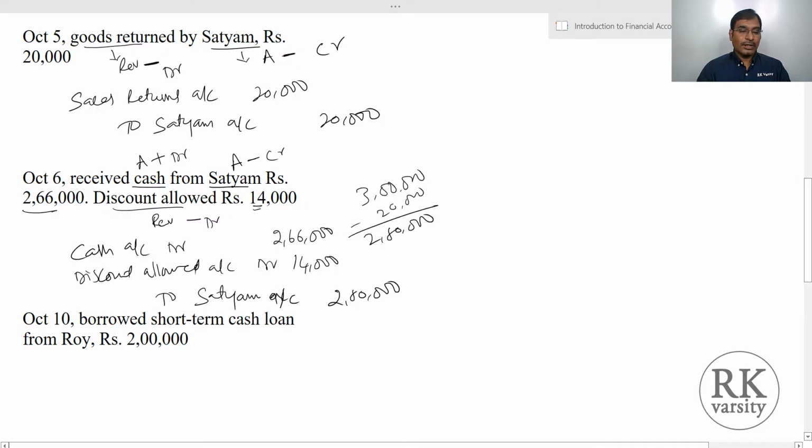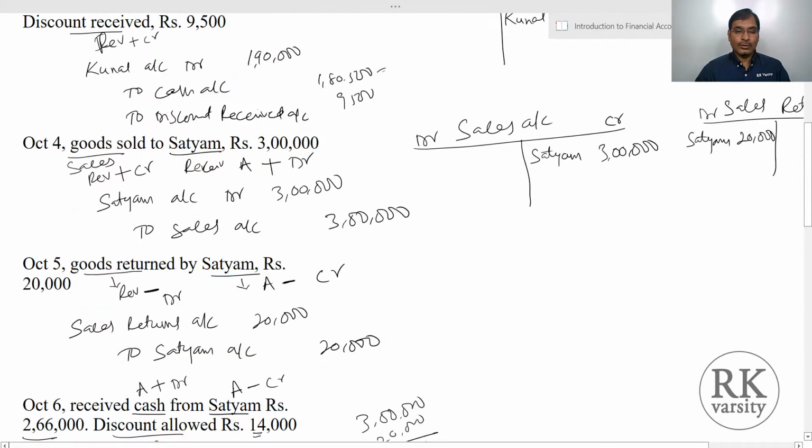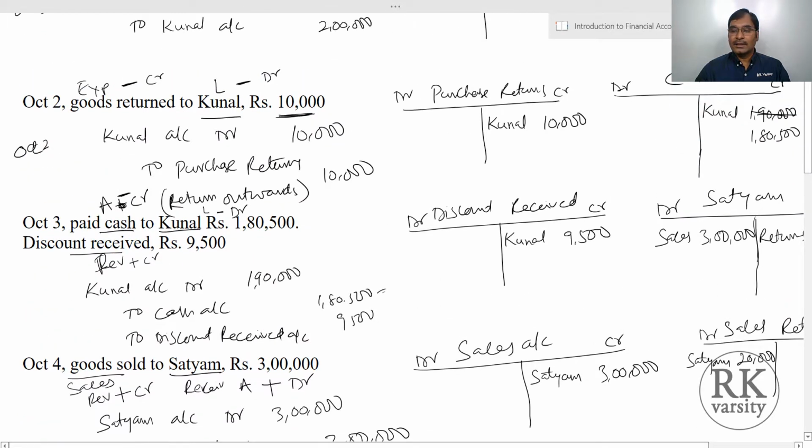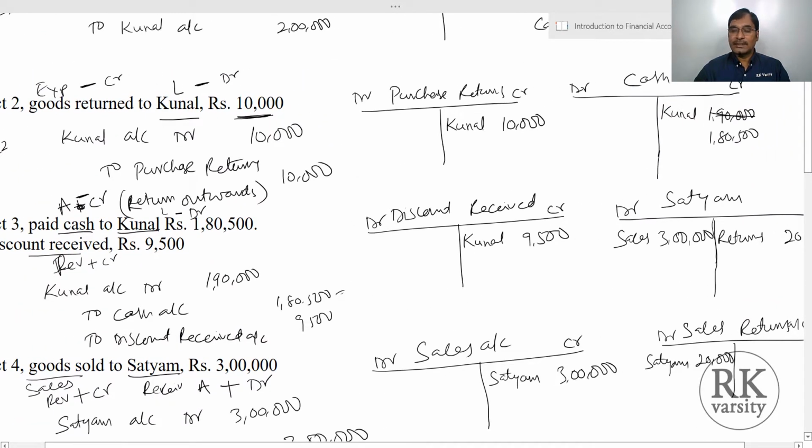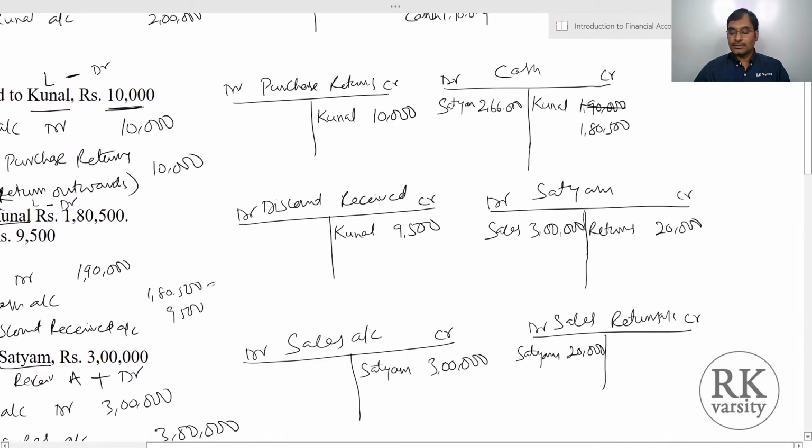So already we have a cash account. So we go to the cash and we received cash, there is an increase, from Satyam, 2,66,000. And in the Satyam account, he paid the cash. Sorry, Satyam account is an asset. There is a decrease in asset, credit.